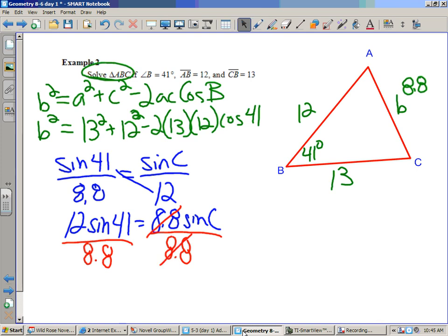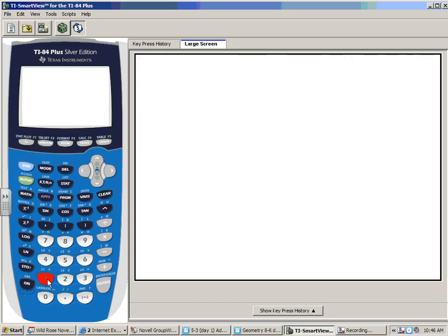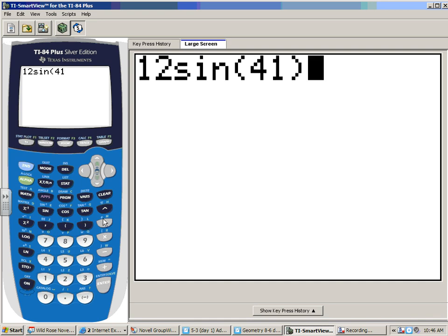And I'll write that down over here. Twelve sine of 41 divided by 8.8.